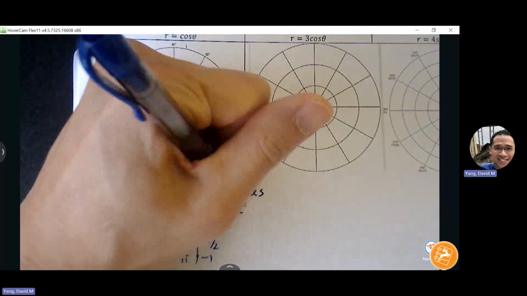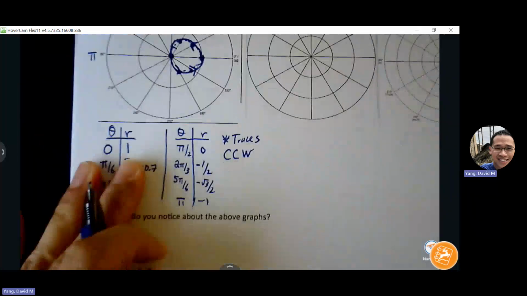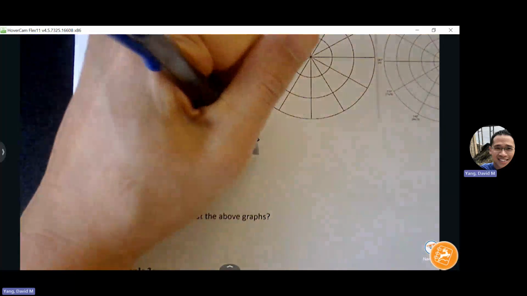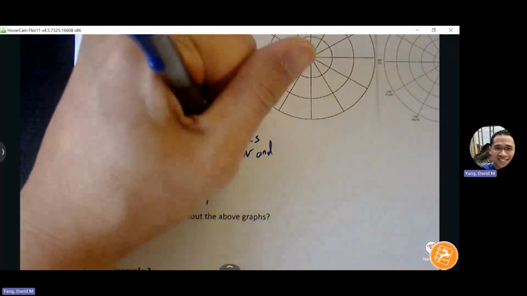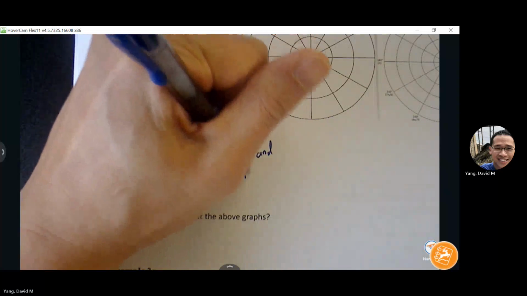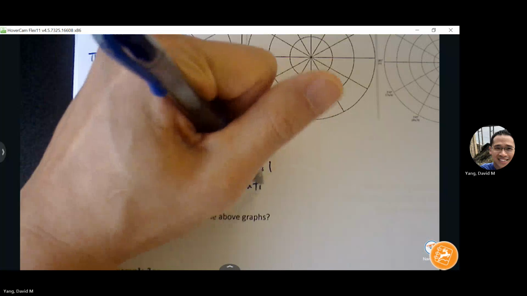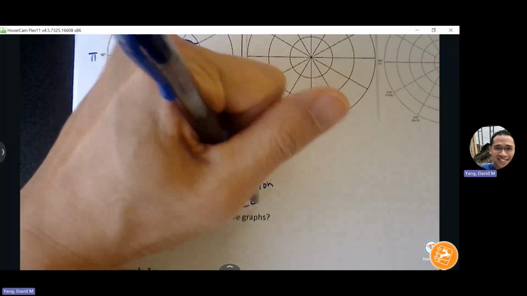So our graph is going to trace counterclockwise. I'm abbreviating that, CCW, counterclockwise. And it's going to complete one rotation on the interval from 0 to pi.